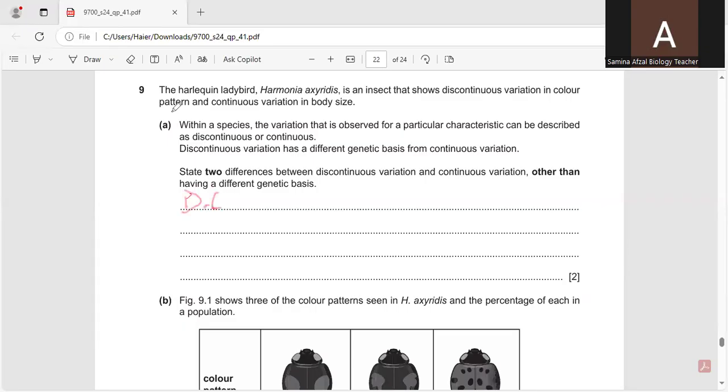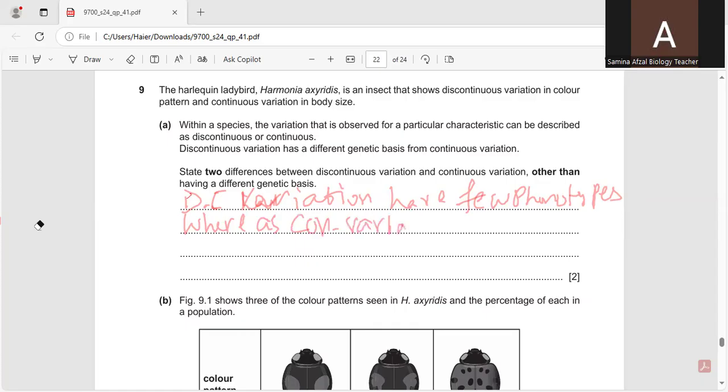Discontinuous variations have few phenotypes, whereas continuous variations show many phenotypes.